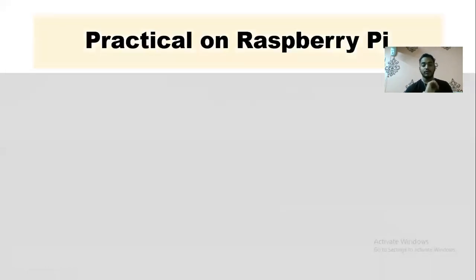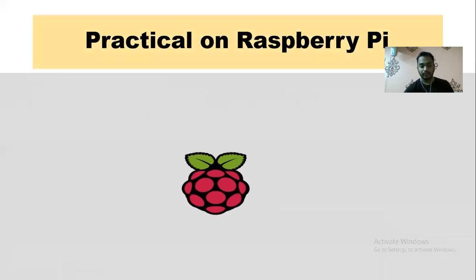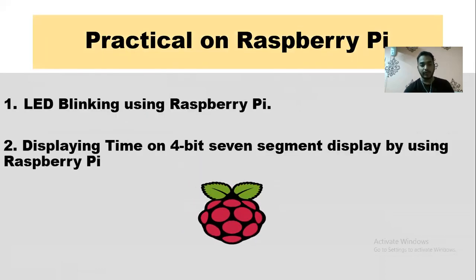In today's session, we are going to learn two practicals related to Internet of Things technology. This is a very basic course for IoT, so I don't want to go for advanced.